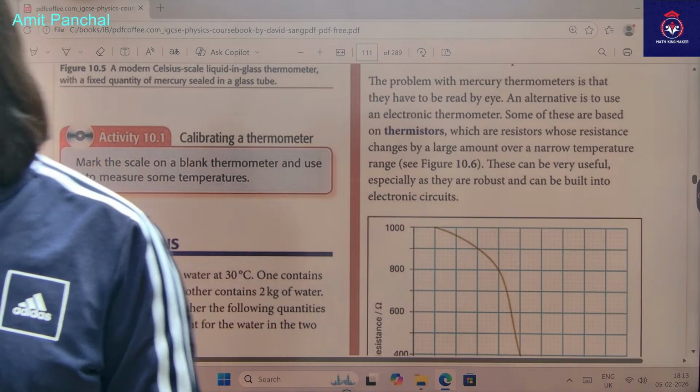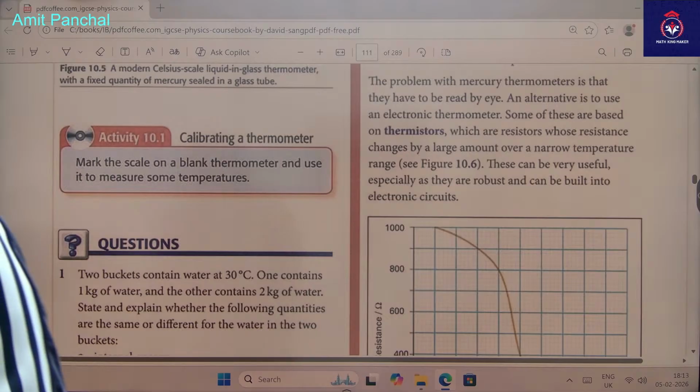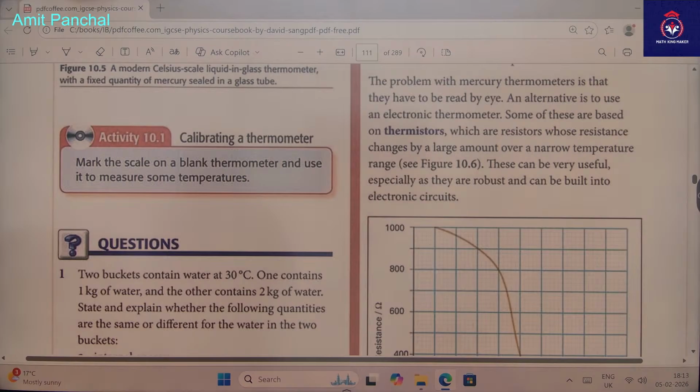But what about your mercury thermometer? What happened, sir? Just a moment.